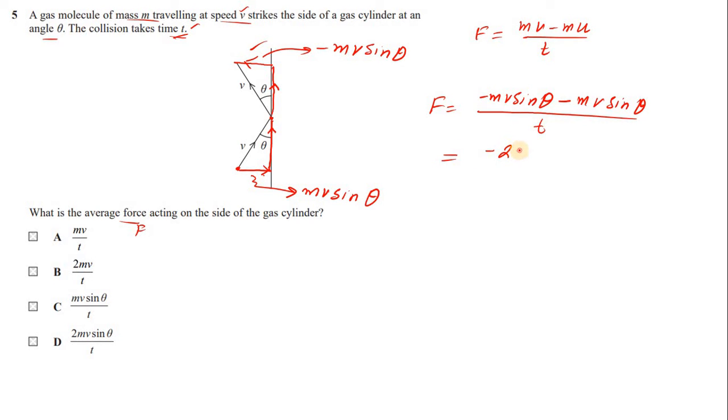So minus 2 mv sine theta divided by t. This is the force acting. This is a vector because we are considering direction.